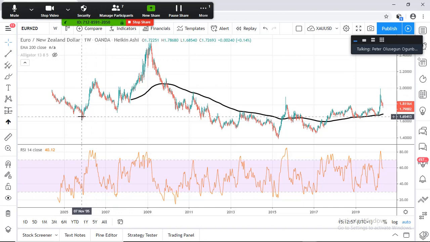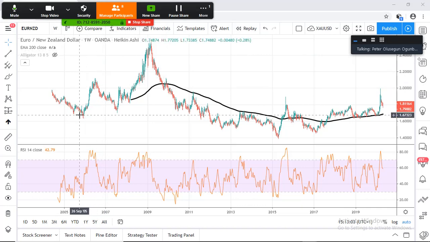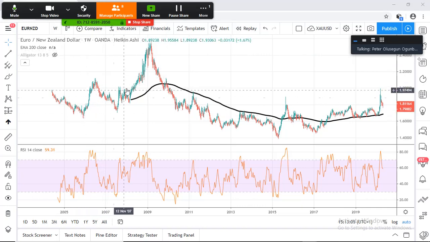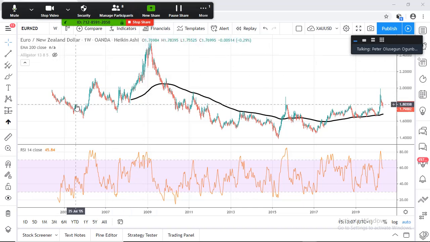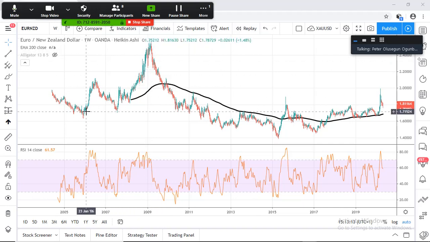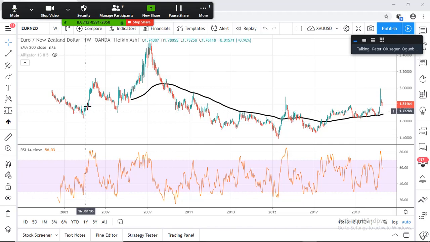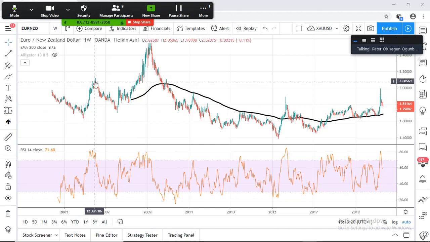But if you really want to know, from this level the price made it up to this point. It means that from the lower point to the higher point here, the price actually was in an uptrend.